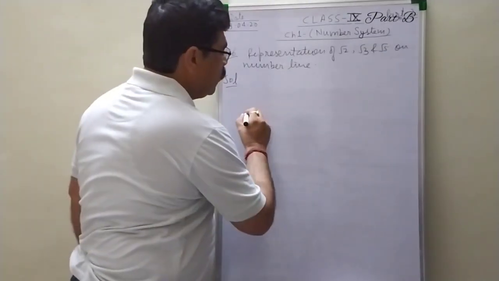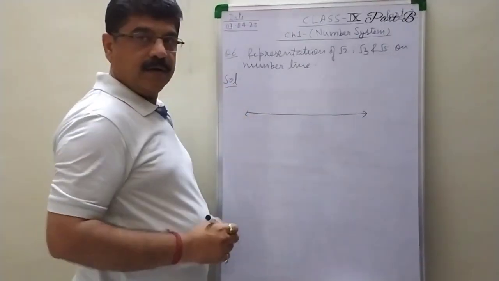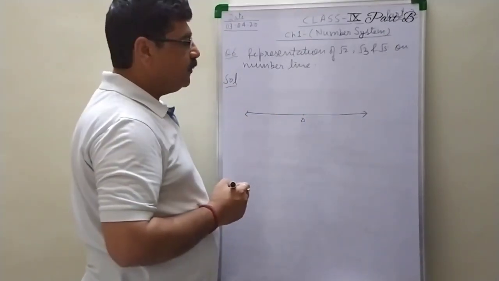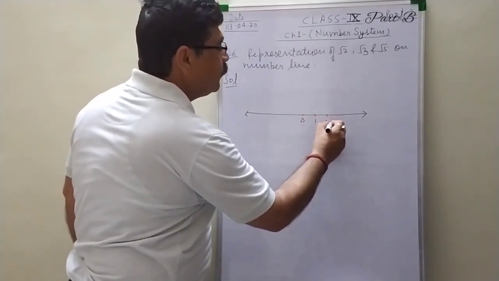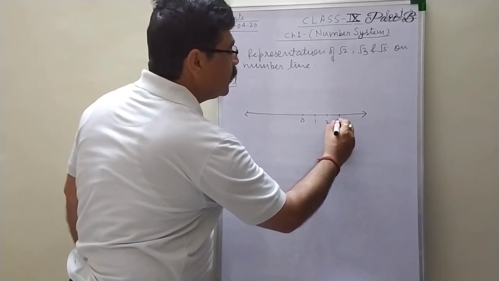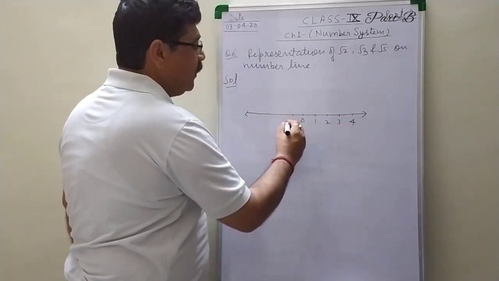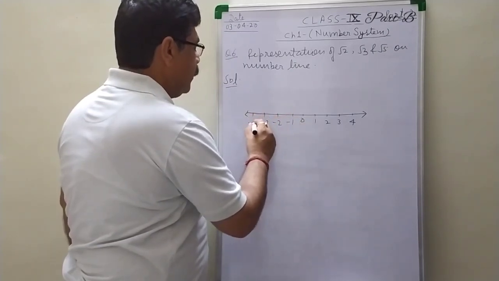So first we draw a line that is called the number line. We mark points at equal distance. Suppose this is 0. On the right side we take positive real numbers, or positive integers we can say, and on the left side we take minus numbers.